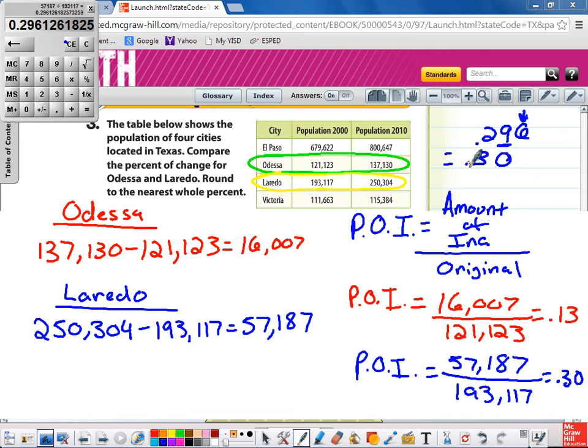Down here at the very bottom, I have 0.13, and I have to use DP to go from decimal to percent. Going from decimal to percent, I need to go to my right 2 spaces. So my decimal turns into 13%.